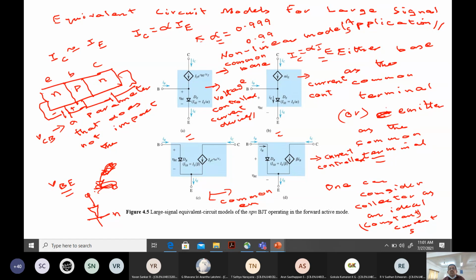In some cases when you do problems, you might want to analyze in terms of the current parameters, then you take the current controlled current device. But if you want to analyze in terms of the input voltage, then you use this equivalent circuit model for common emitter. So the bottom two, C and D, correspond to common emitter.